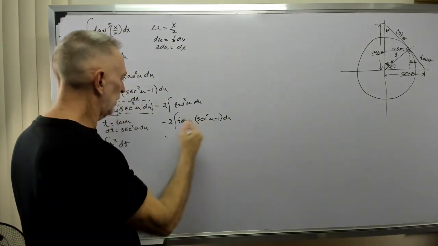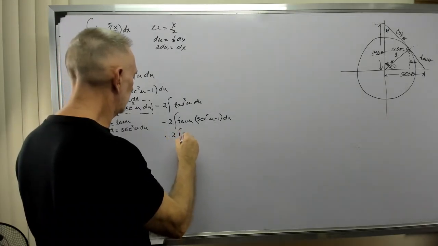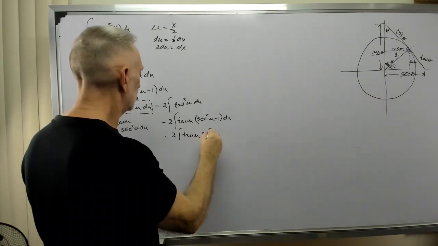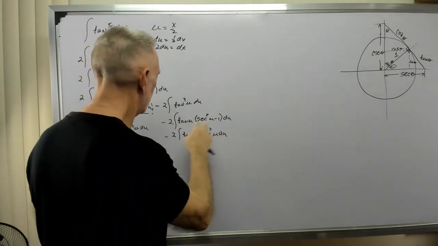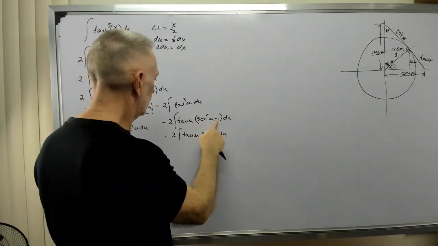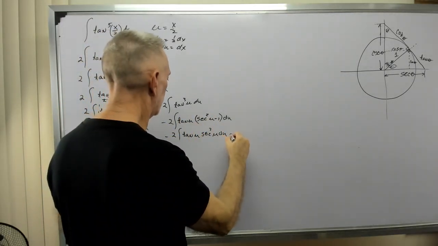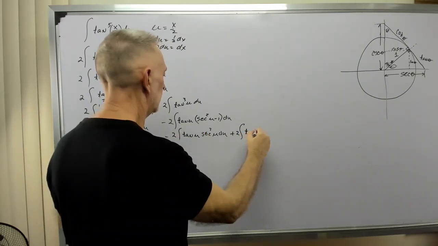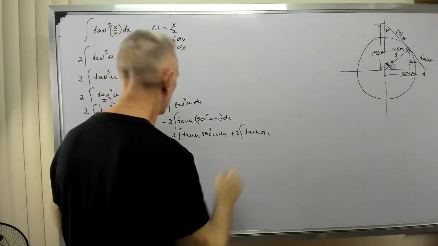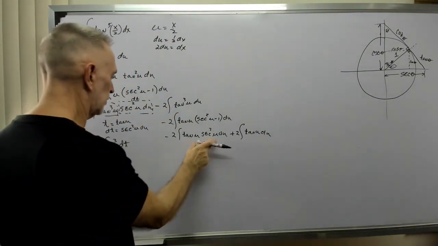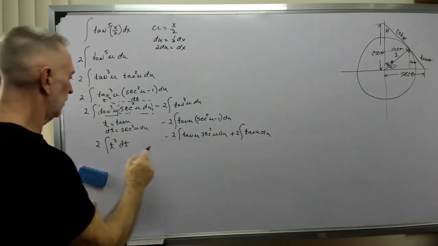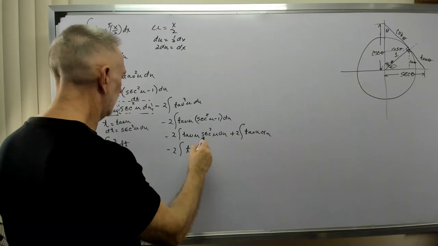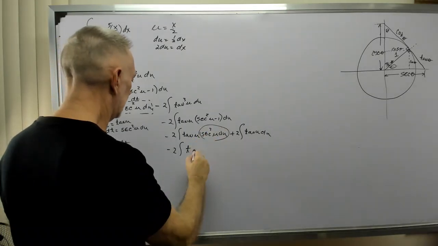Now let me distribute that to the inside. 2 times the integral of tangent u secant squared u du. Negative 2 and a negative 1 gives me a positive 2 times the integral of tangent u du. All right, so this scenario is exactly what I had here. So I have minus 2, the integral of t, and all of this would be dt, t dt.